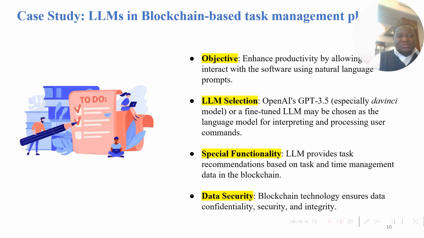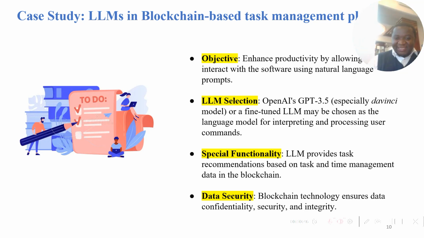And talking specifically about LLMs in blockchain, the authors think that an objective that must be pursued is enhancing productivity by allowing interaction with software using natural language prompts. Again, we know that prompt engineering is quite big now, trying to know which type of questions to ask so that you get the desired result.